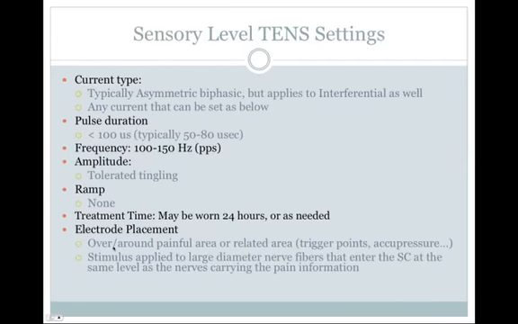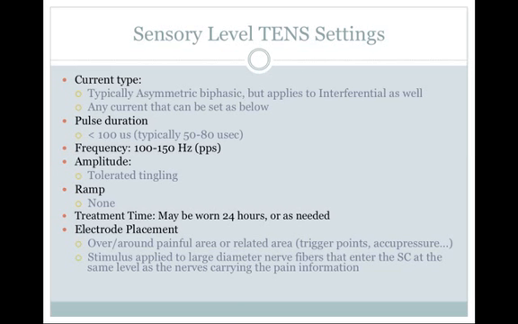All right, the first of the E-stim for pain currents that we're going to talk about is what would be called sensory level TENS. A lot of different names for this, from conventional TENS to high rate TENS. But typically the machines that you buy, the little TENS boxes, have an asymmetric biphasic current in them.